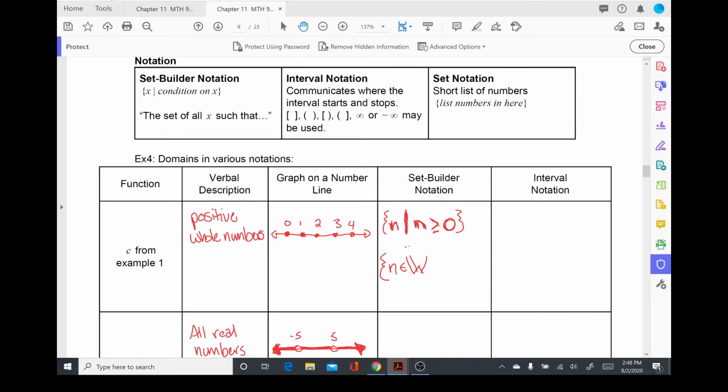And then that would allow for the fractions to not be a part of our answer. And then we would still say that n is greater than or equal to 0 on the other side. So for now, this top one's fine. We don't have to add any more symbols.